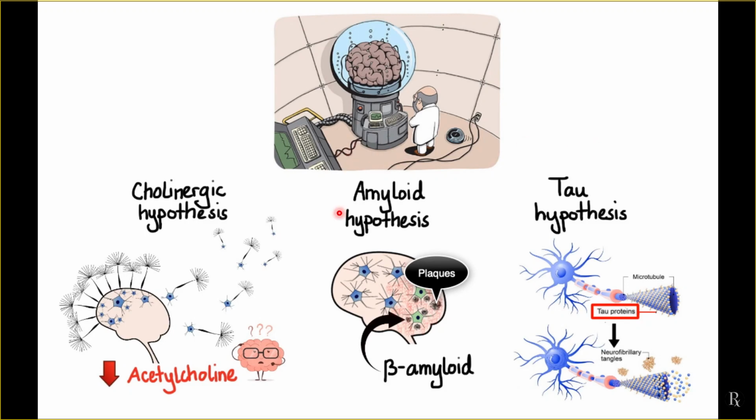Second is the beta amyloid hypothesis that leads to the development of the beta amyloid plaques.